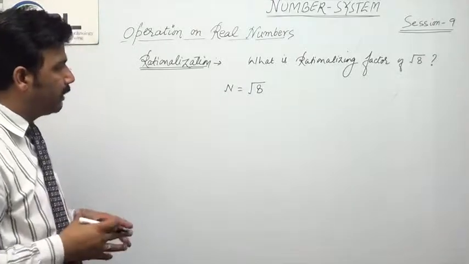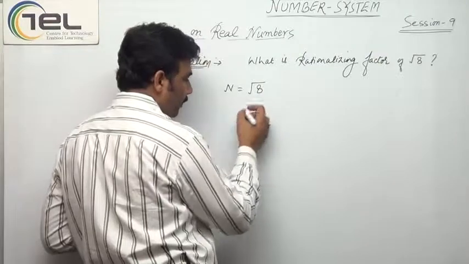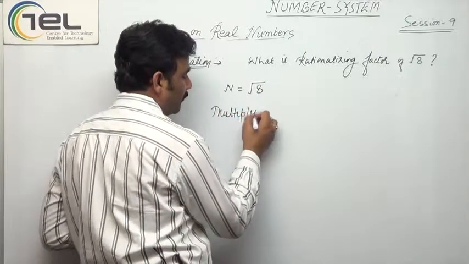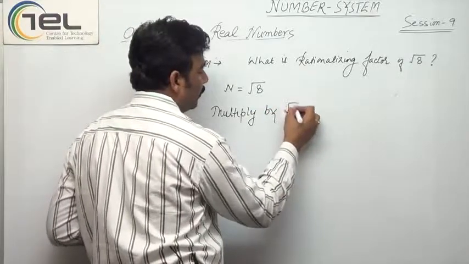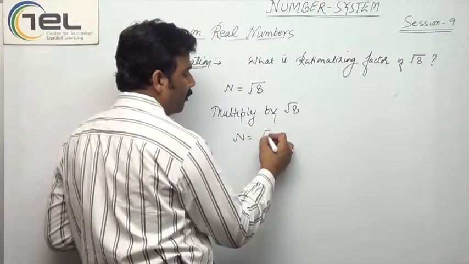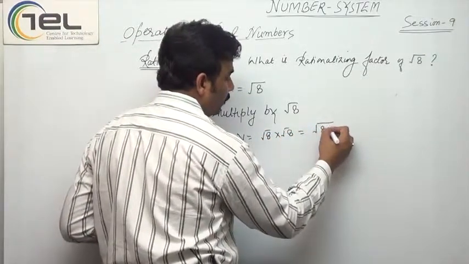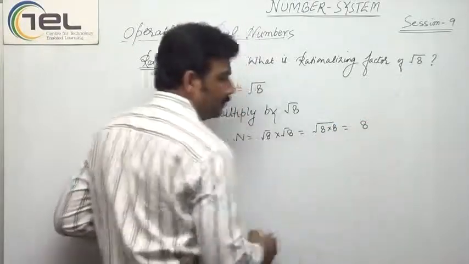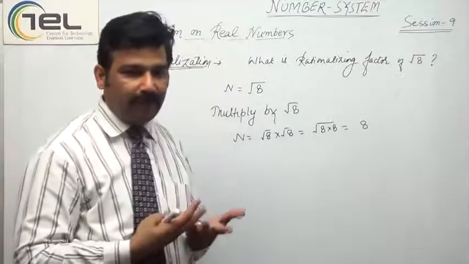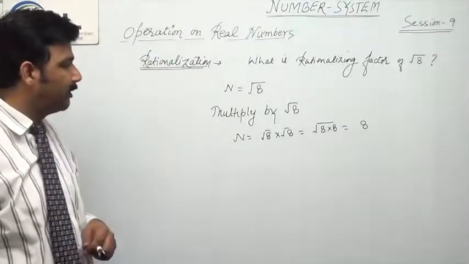What normally they do is they multiply this by root 8. So what do we get? n becomes root 8 into root 8. It becomes root of 8 times 8, and it becomes 8. This has been rationalized, but is it perfect? No, it is not perfect. Why is it not perfect?